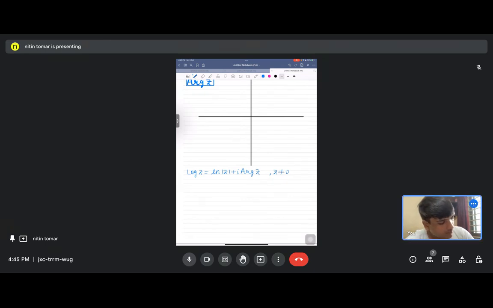And we know that log z is continuous on C minus 0 if and only if argument z is continuous. Do you all agree?